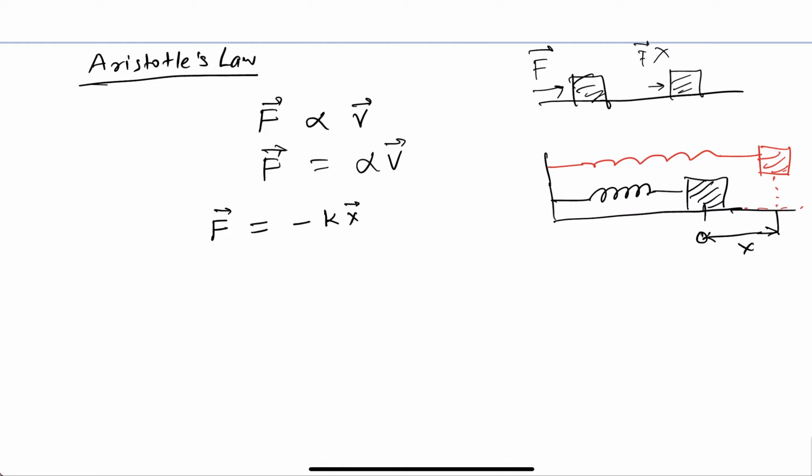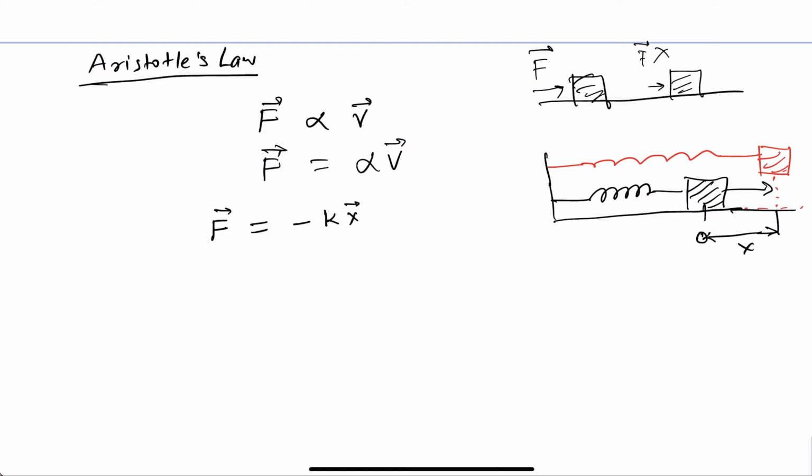So the extension in the spring would be x, and the force would be minus kx, because as you stretch the spring in this direction, the spring tries to pull the mass back. So the force is minus kx.